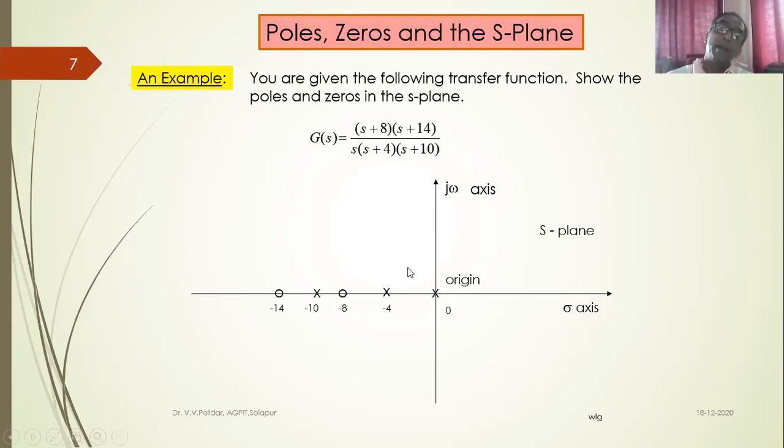I repeat, if the roots of this transfer function lie on the left half of the S plane, this entire part, the system is stable. And if the roots lie on the right half of the S plane, the system is unstable. And if the roots lie on the imaginary axis, the system is marginally stable or conditionally stable. For certain values of K, the steady state gain, the system tends to be stable.